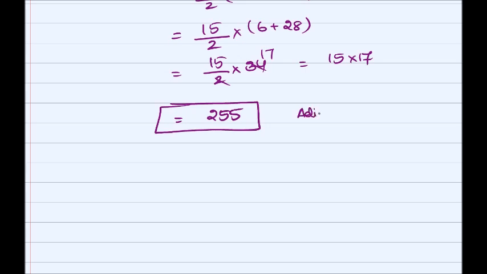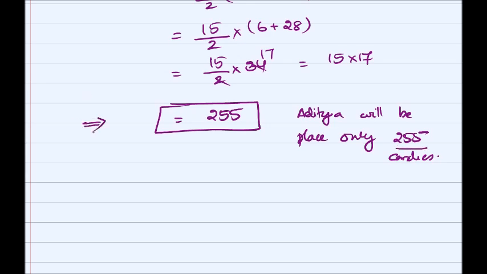Aditya will place only 255 candies. Suman placed 360 candies, but Aditya reduced 3 rows, so he can place only 255 candies. This is the answer of the third question.